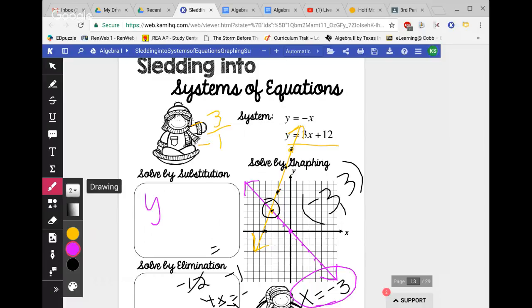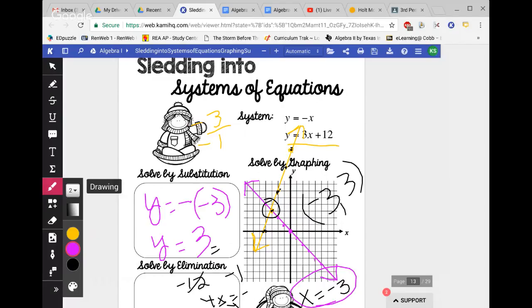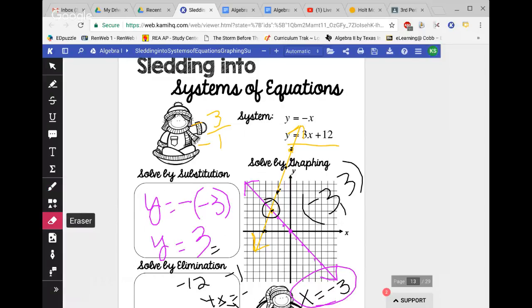So y equals the opposite of -3. What's the opposite of -3? +3. Yep. So that's how that looks. -3 is a +3, or the opposite of -3. So our answer is -3, 3. So substitution matches our graphing, which is good. And now we need to do elimination to make sure it matches the graphing.